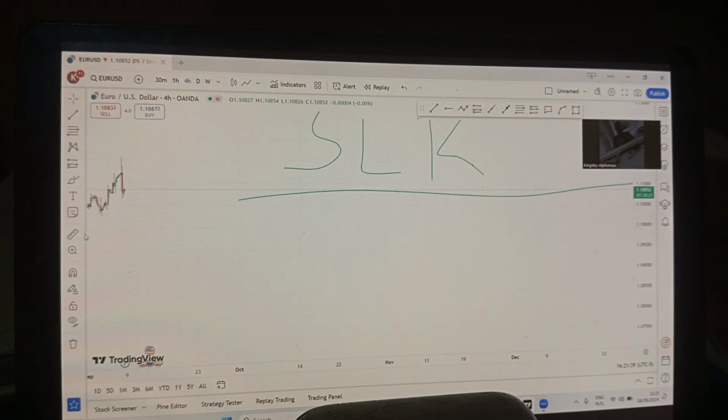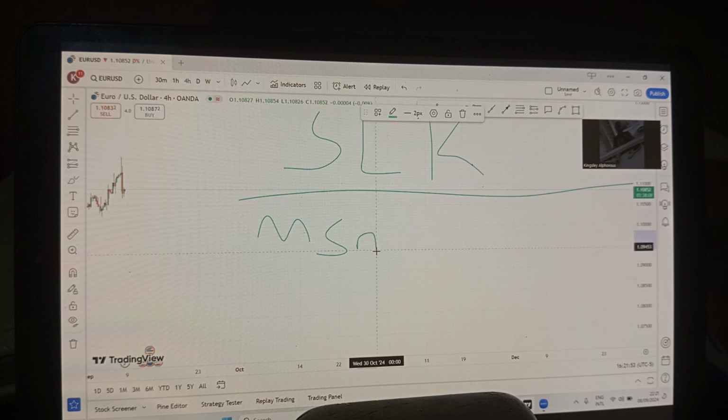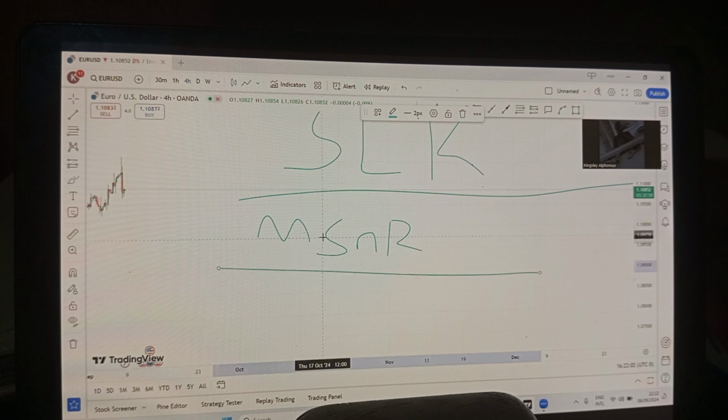Other people choose to call this same strategy Malaysian S and R, something like this. So this M stands for Malaysia, while this S stands for support, and this L stands for resistance.